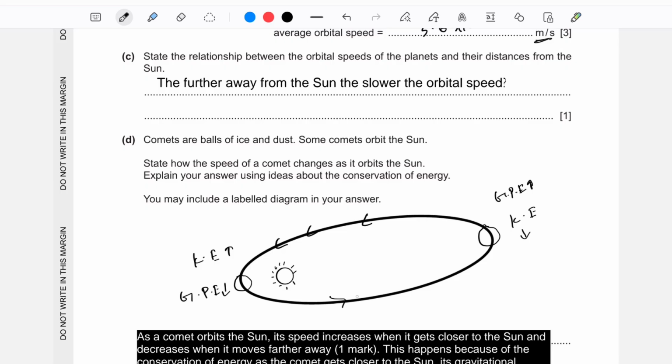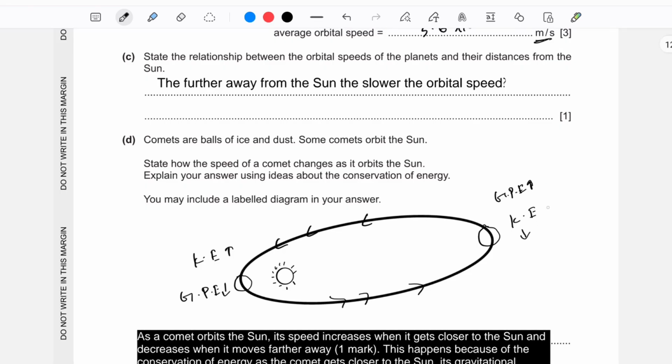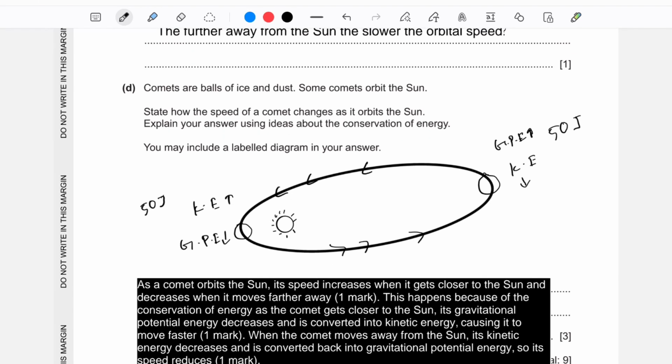And as it moves away from the Sun, the gravitational potential energy would increase and the kinetic energy would decrease. Say if it's 50 joules here, the total energy near the Sun would also be 50 joules. And this is because the energy is being conserved.